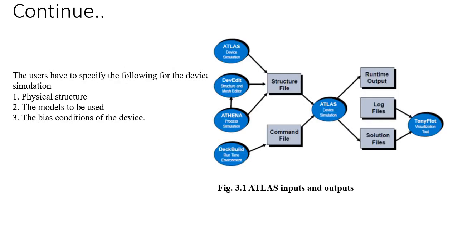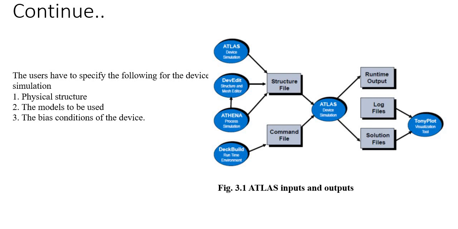Now, Atlas has three basic structures: first of all, the physical structure, the model to be used, and the bias condition of the device. The Atlas device simulation does the simulation. In DevEdit, a structure and mesh editor, you create the structure and produce the mesh.